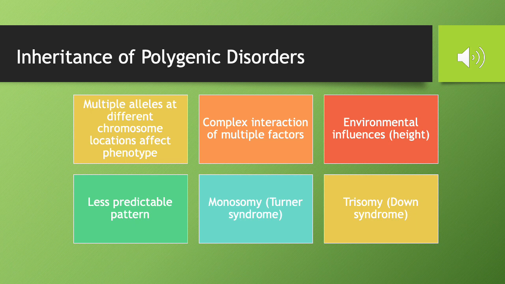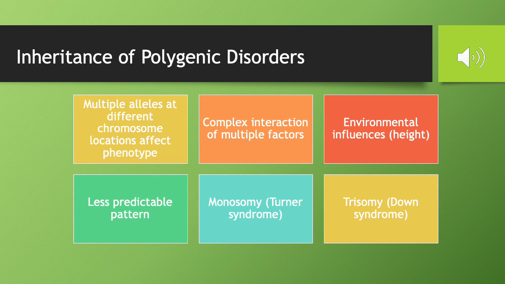And then we have where there's a less predictable pattern. We have monosomy, where there is only one chromosome, and that indicates Turner syndrome, and we'll talk a little bit about that in our later slides. We can also have trisomy or disomy. Trisomy is known as Down syndrome. So this is multiple chromosomes in an area that it's not supposed to be.